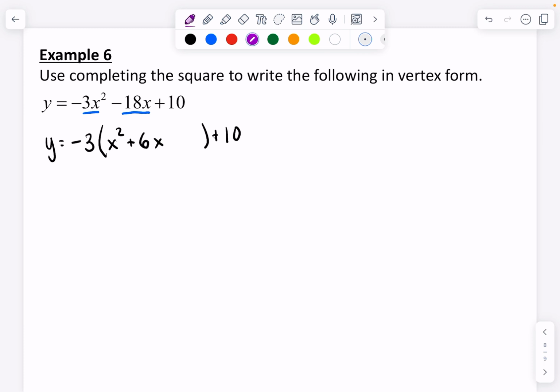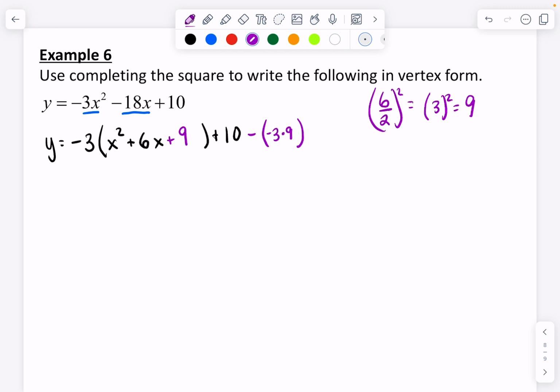Now I need to add in something. I need to add in 6 divided by 2 squared. So that's 3 squared, which is 9. I added 9 on the inside. Now I need to subtract the number outside. So what I've really added in is negative 3 times 9.